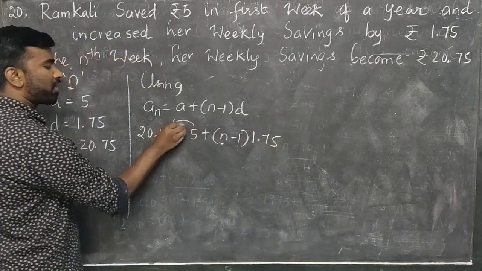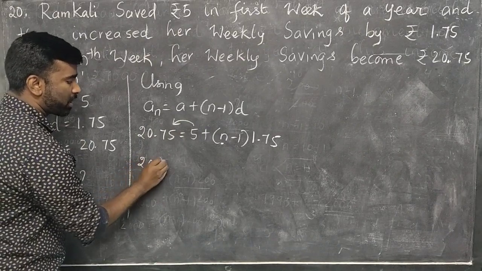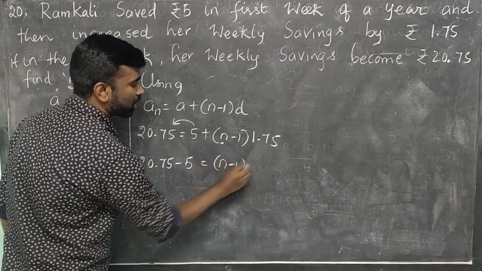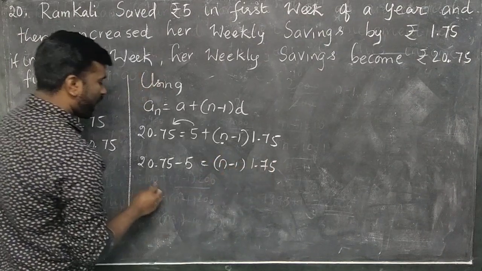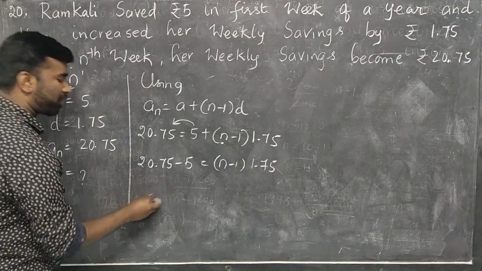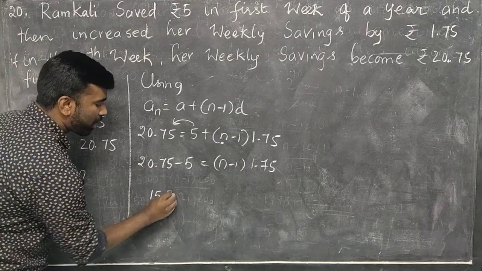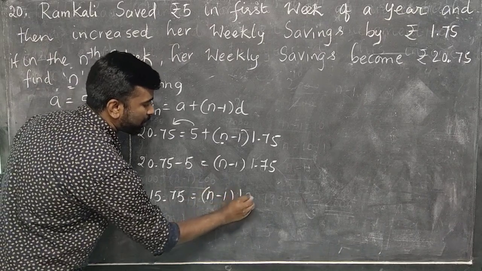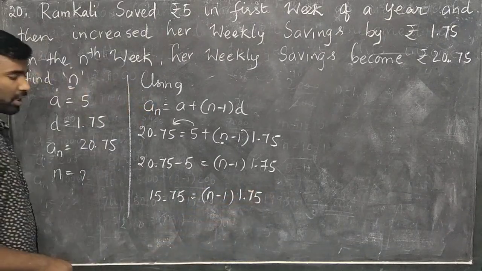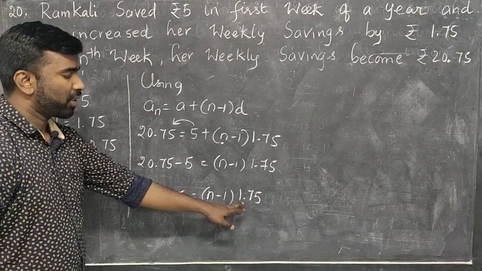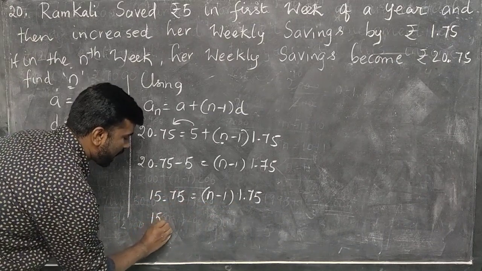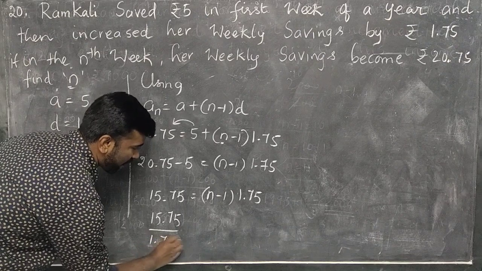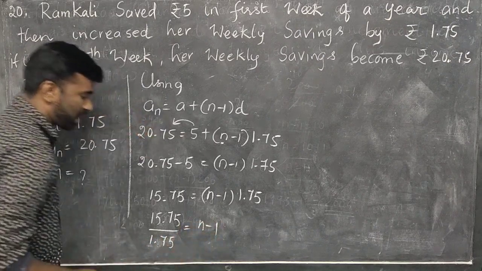Now shift plus 5 to the LHS: 20.75 minus 5, which is equal to n minus 1 into 1.75. 20.75 minus 5 gives you 15.75, which equals n minus 1 into 1.75. Now divide both sides by 1.75, that is 15.75 divided by 1.75, which is equal to n minus 1.